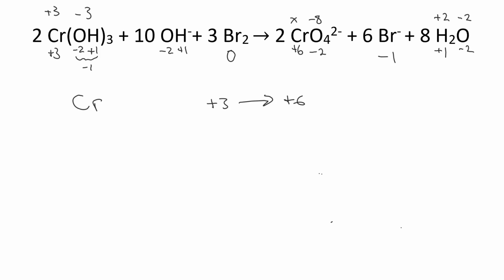Chromium on the reactant side starts at +3. It ends up on the product side at +6. That means that each atom lost 3 electrons. Chromium was oxidized, and the Cr(OH)3 is the reducing agent.